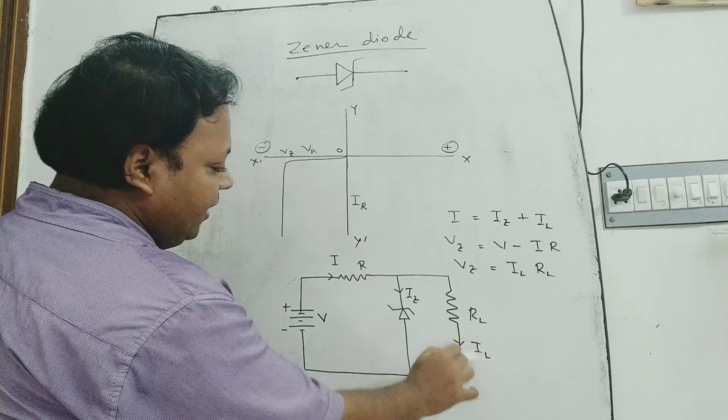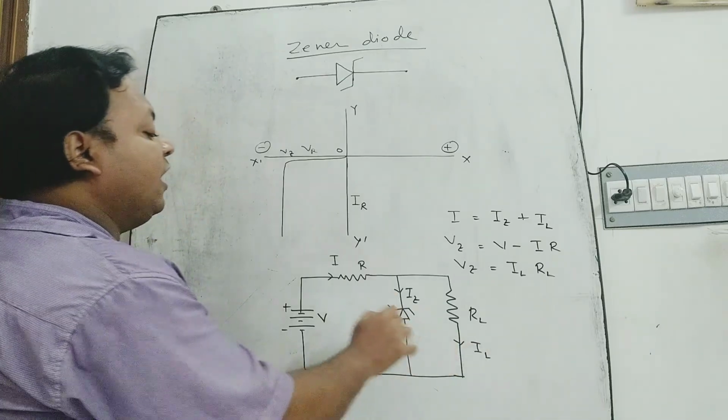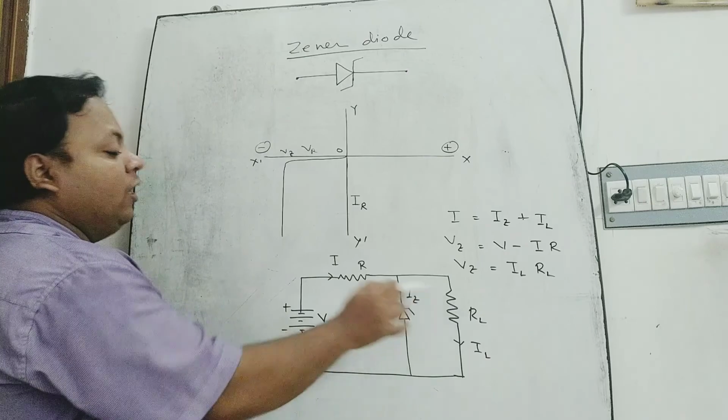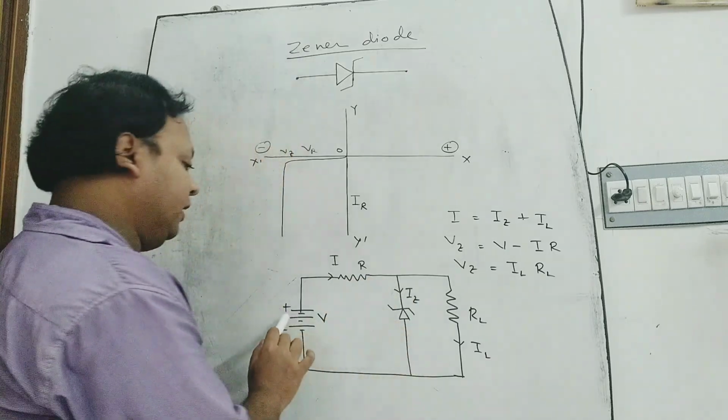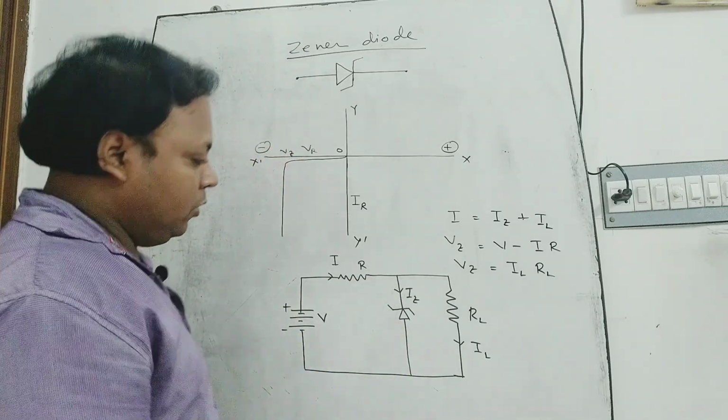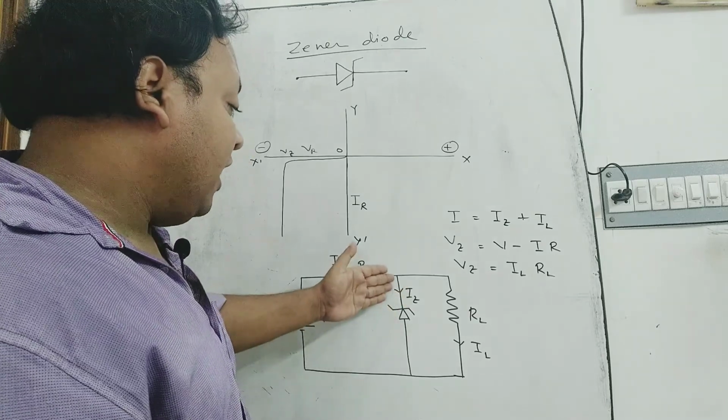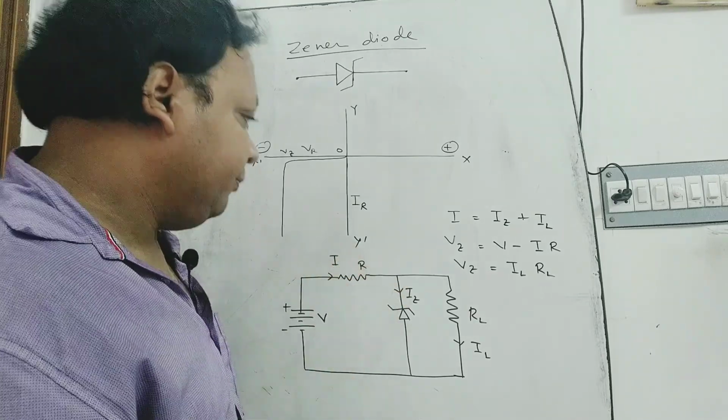The Zener diode is connected in parallel with the load in reverse bias. IZ is the current passing through the Zener diode.